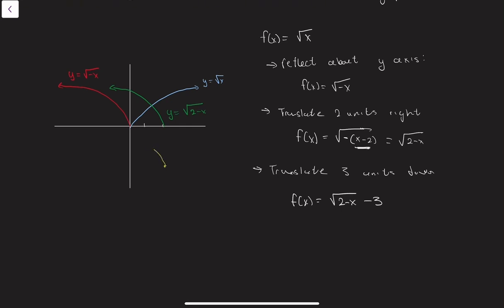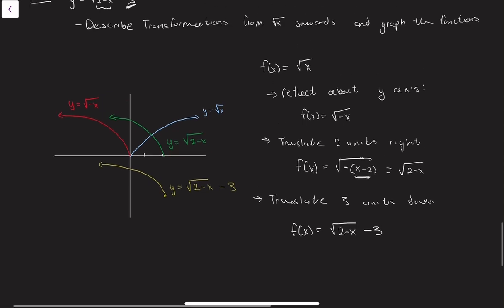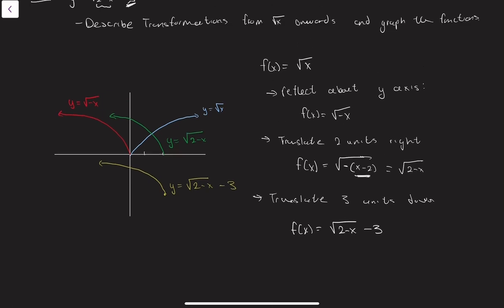And our function kind of looks like this. Y is equal to root of 2 minus x, minus 3. This is our final solution. Let's just put y, x. Great. So not too bad.